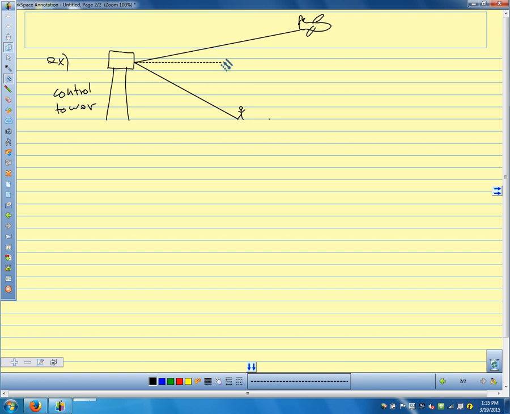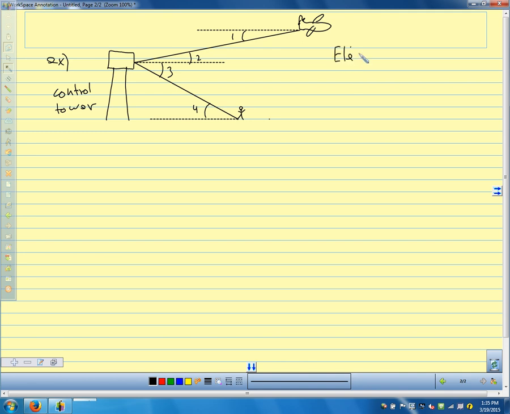There's my horizontal line there, there's my horizontal line there, and there's the ground, the horizontal line there. So the dotted lines are horizontal lines. And I'm going to call these angle 1, 2, 3, and 4.